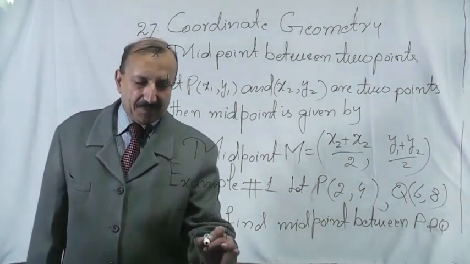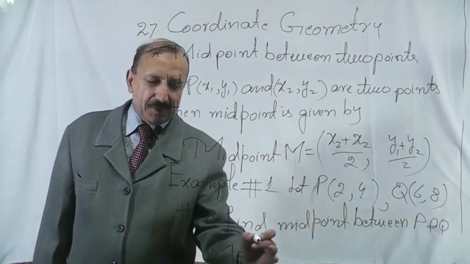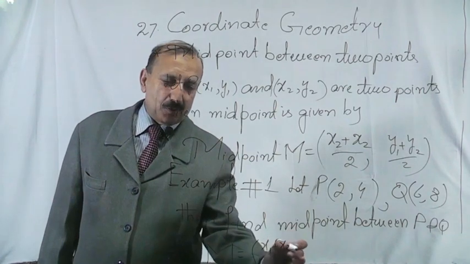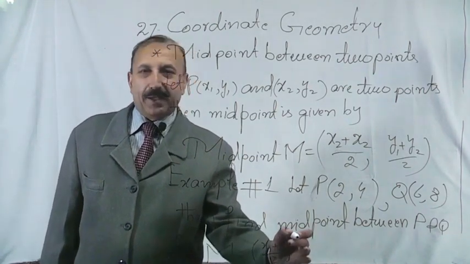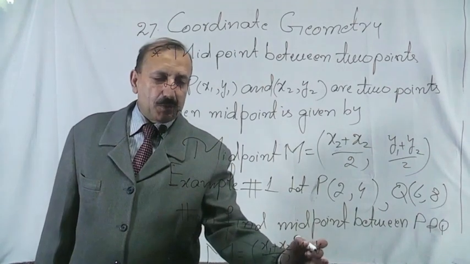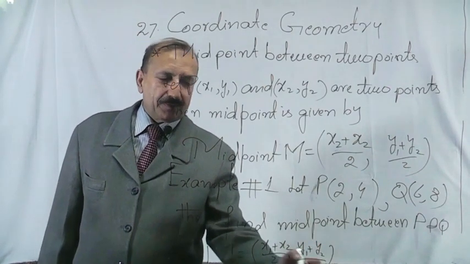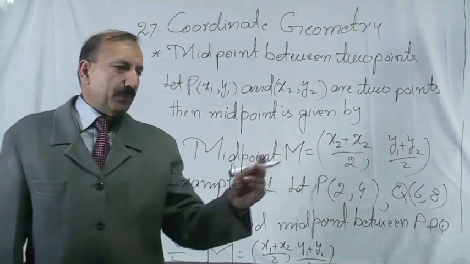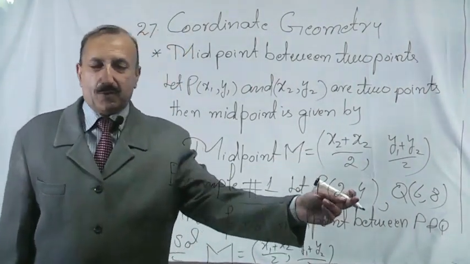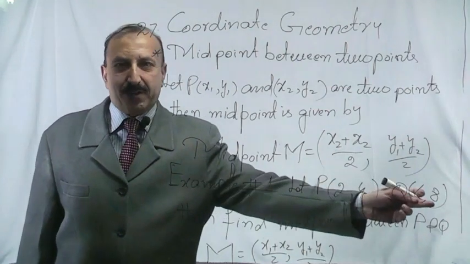So here is the solution. The midpoint M is equal to x1 plus x2 divided by 2, and the y component will be y1 plus y2 divided by 2. Let's plug in these values. The coordinates of point P are x1, y1 and the coordinates of point Q are x2, y2.